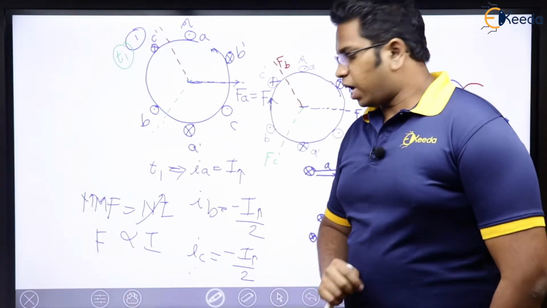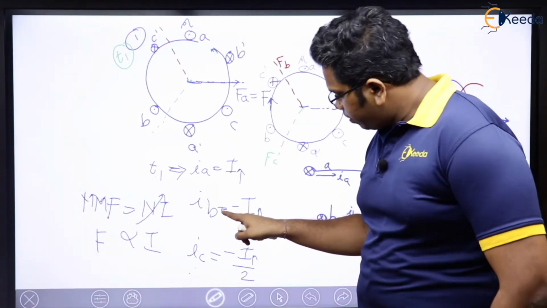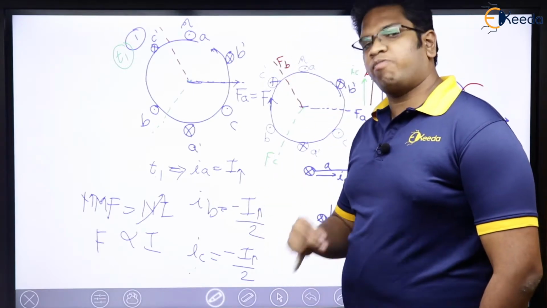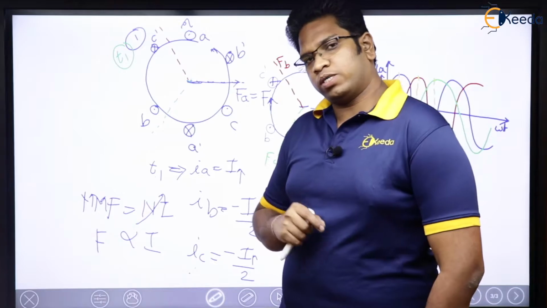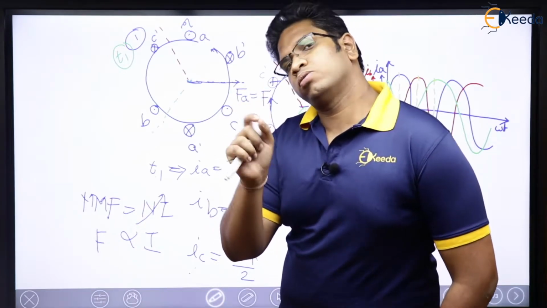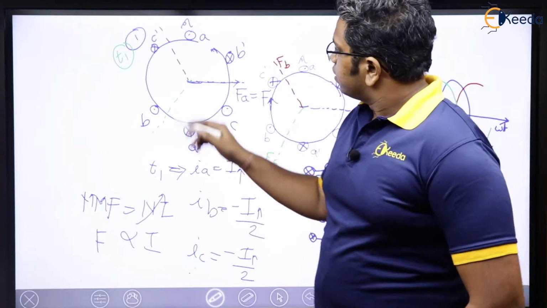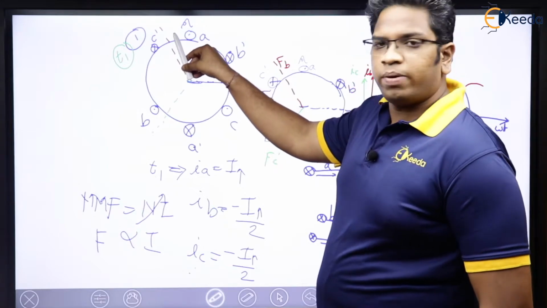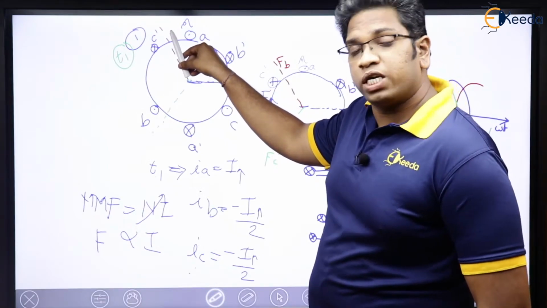Yes, let us talk about IB. How much is IB? IB is going to be half of negative maximum, which means MMF by IB will also be half of negative maximum, which means F max by 2 with a negative sign. See, this is going to be IB. See, this was FB. So this is going to be FB. This is positive FB.